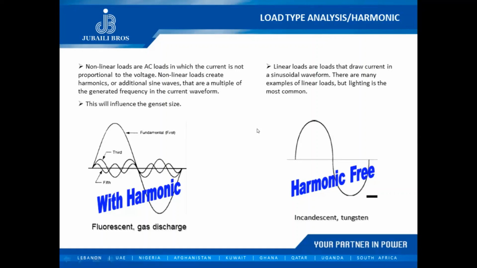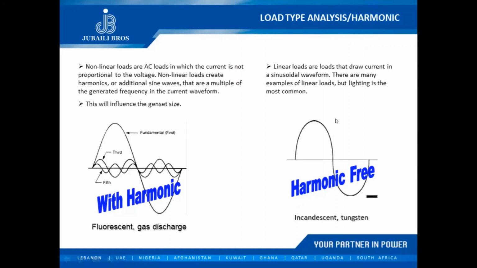Examples of these harmonic loads or nonlinear loads are fluorescent lamps, gas discharges, UPS, computer equipment. Harmonic-free loads or linear loads are basically resistive loads. Current is proportional to the voltage, so you will have no effect on the power source or the load itself.